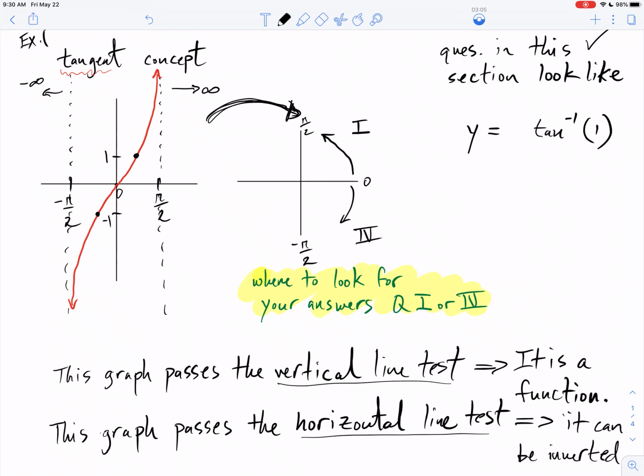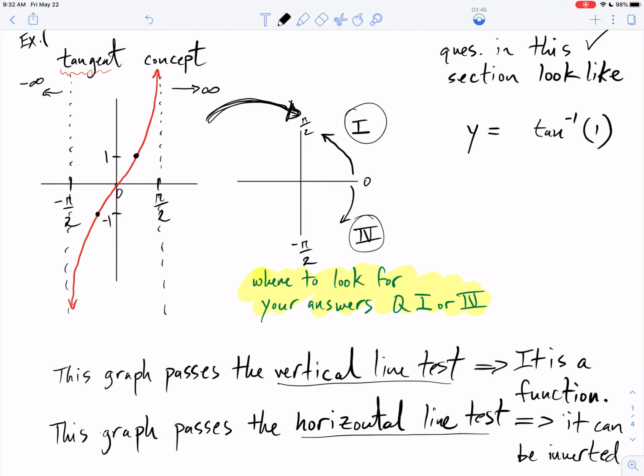So when you're going to try and answer a question about an inverse function, oh my gosh, leaf blower outside, you're going to only look in quadrant 1 or 4, because that would be where I could draw a reference triangle for tangent, and it would cover all the positive possibilities, that would be quadrant 1, and it could cover all the negative possibilities, that would be quadrant 4. And that's what lines up with the very last column in the chart on page 253.